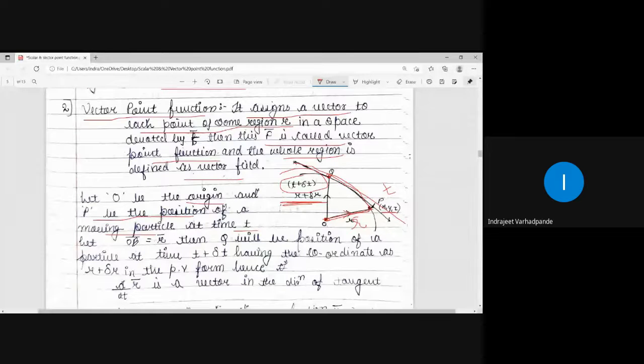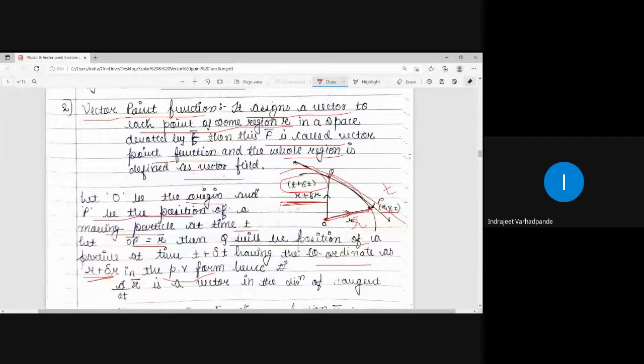OP bar is equal to r bar. Then Q will be the position of the particle at time t plus delta t, having the coordinate as r plus delta r in the position vector form.